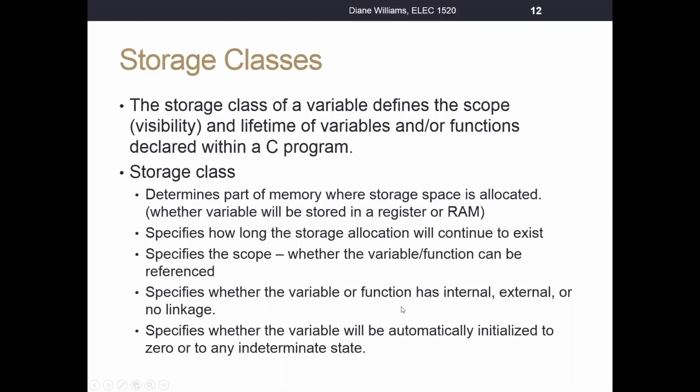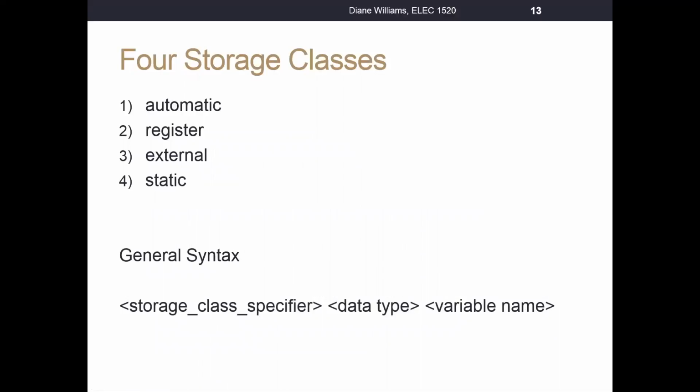That's more advanced than where we're at. It also specifies whether the variable will be automatically initialized to 0 or to an indeterminate state. Indeterminate state, that's the garbage values that we know about so far. So our 4 storage classes are automatic, register, external, and static. Automatic is the one that we're used to using. It's automatically been done for us.